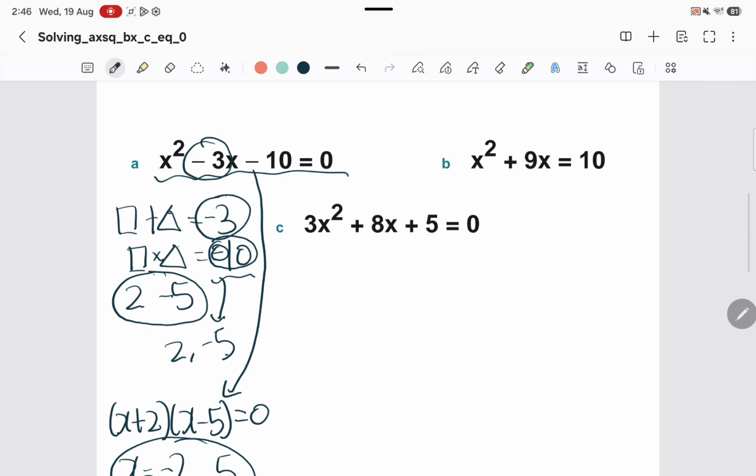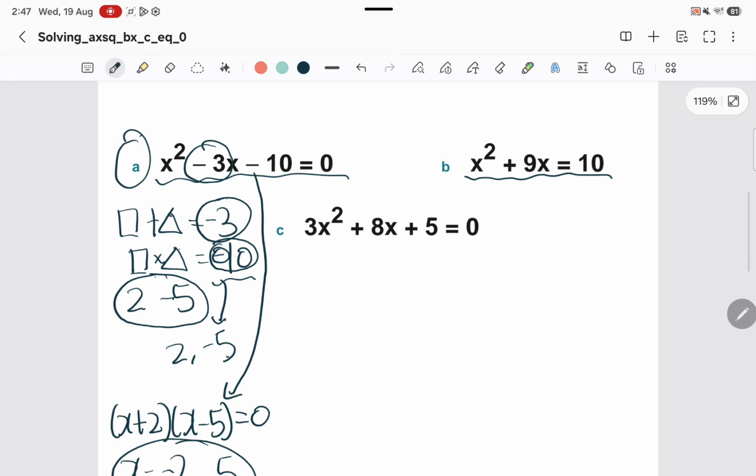Just keep in mind we can use this method when the expression can be factorized. For this example, we want the right-hand side to be empty, so we are going to change this expression to have -10 equals 0, and then it's pretty much the same.